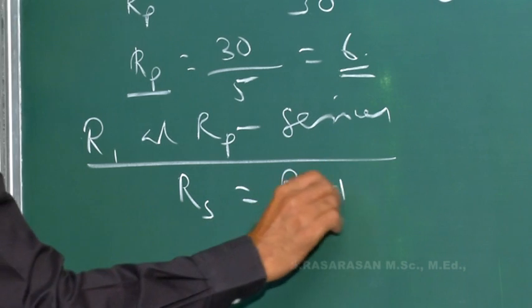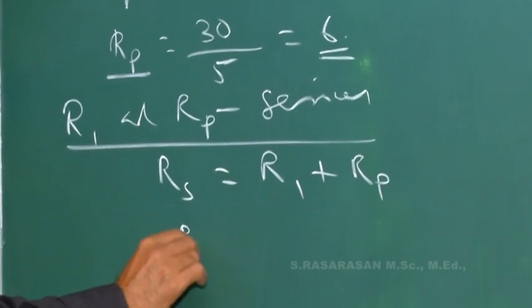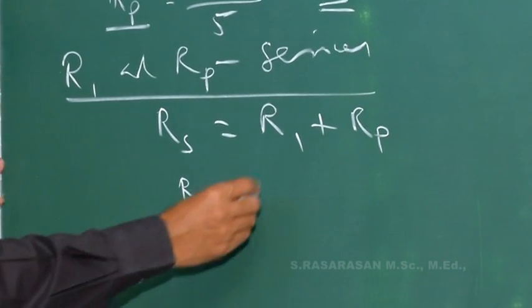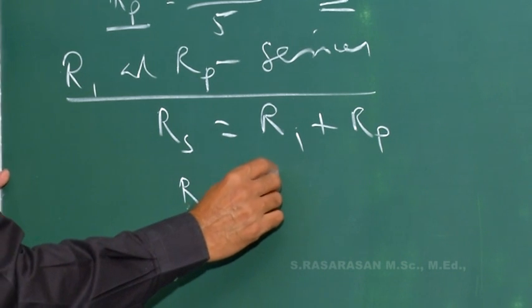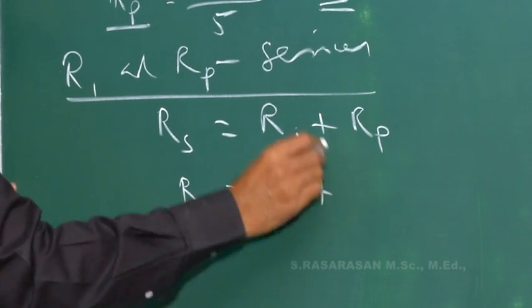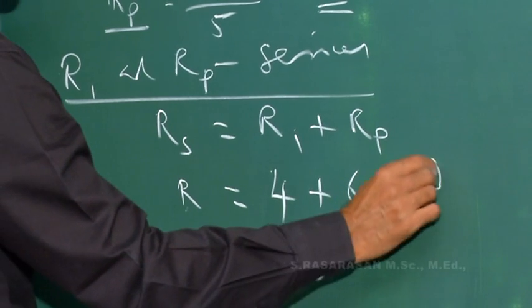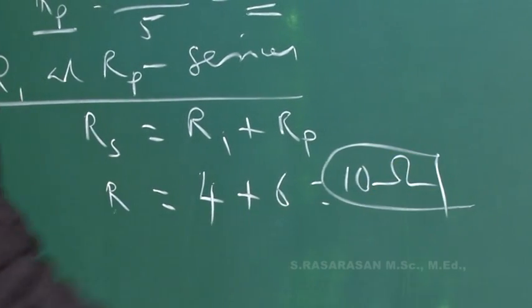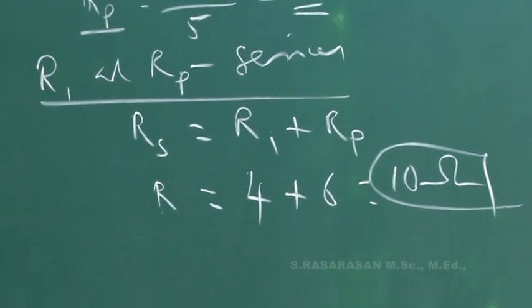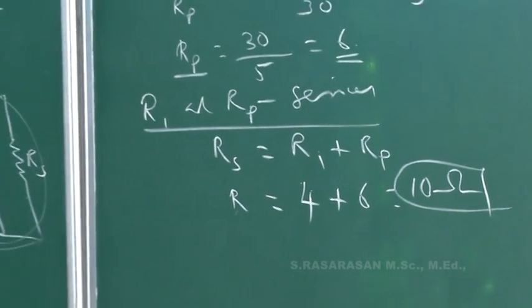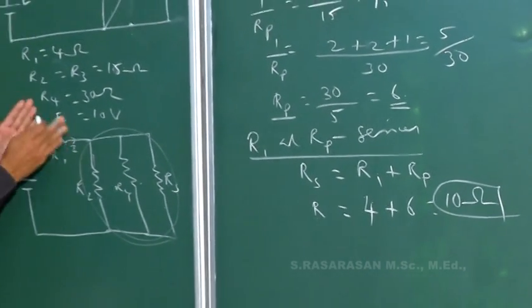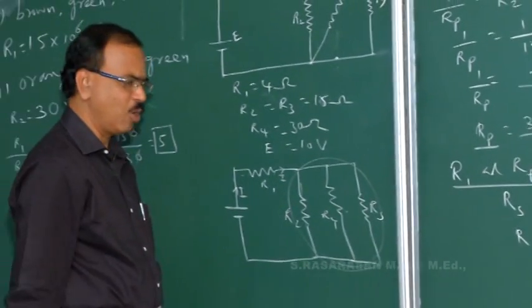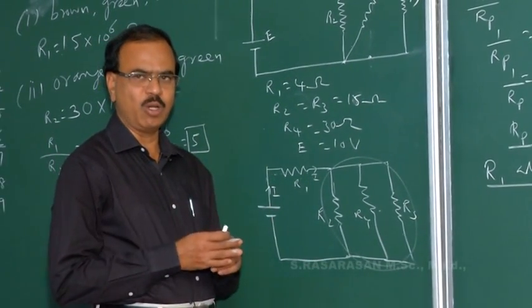So it is R1 plus Rp. So the effective resistance R is R1, which is given in the problem as 4 ohm, and Rp is 6 ohm, so the result is 10 ohm. These three are in parallel and that parallel combination is connected in series with that one. So the net resistance of the circuit is 10 ohm. The answer for that problem is 10 ohm.